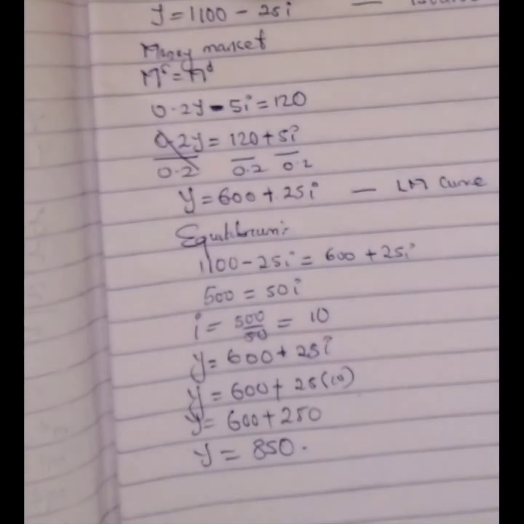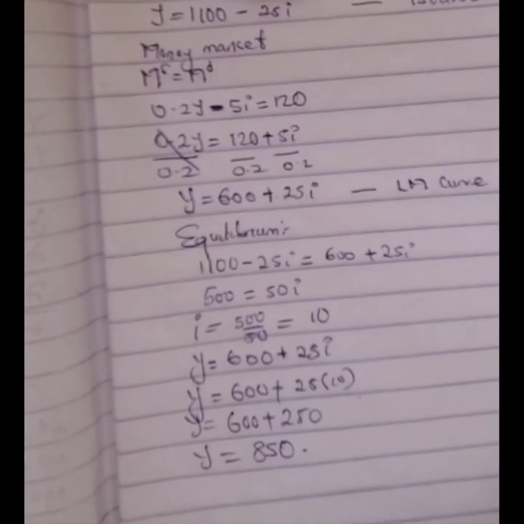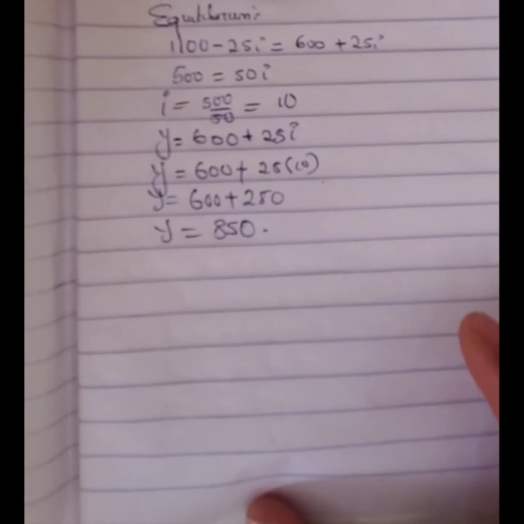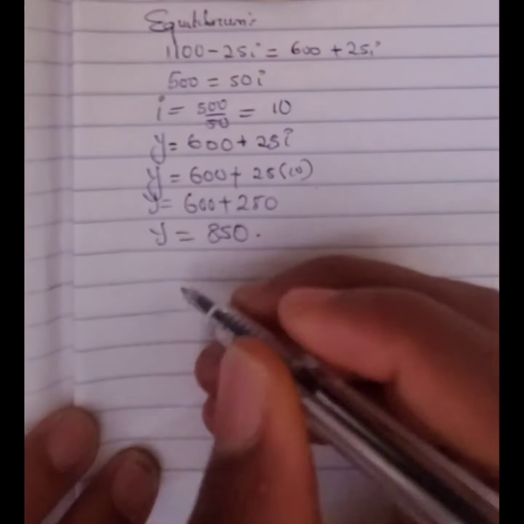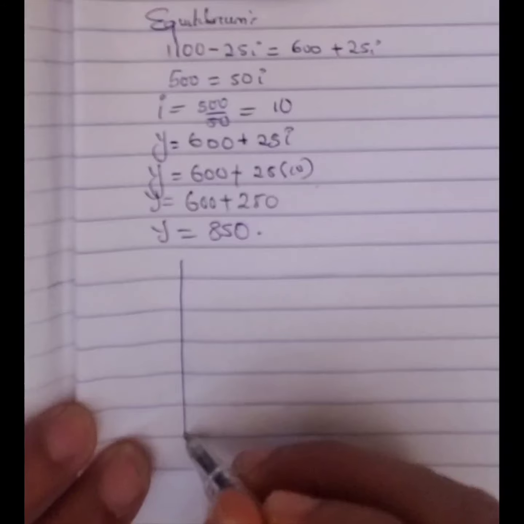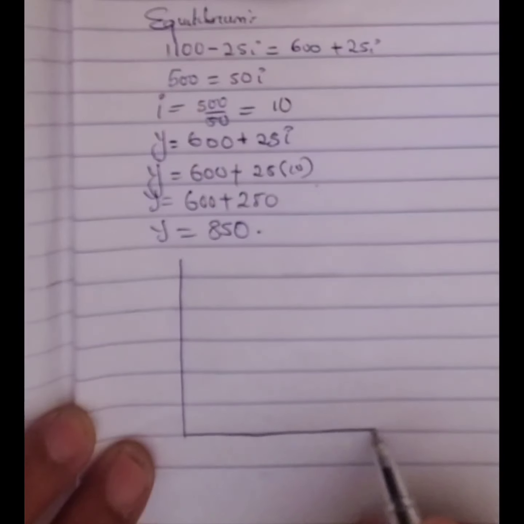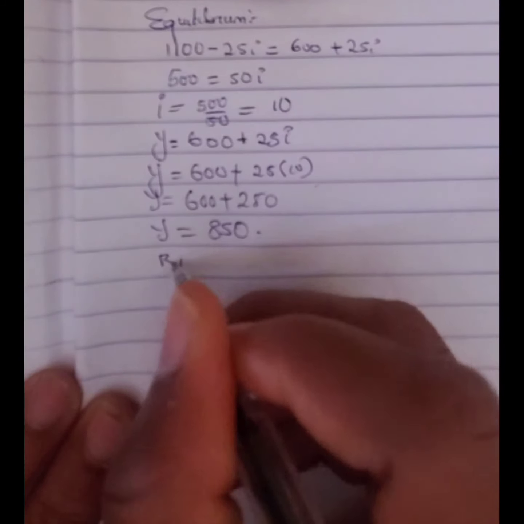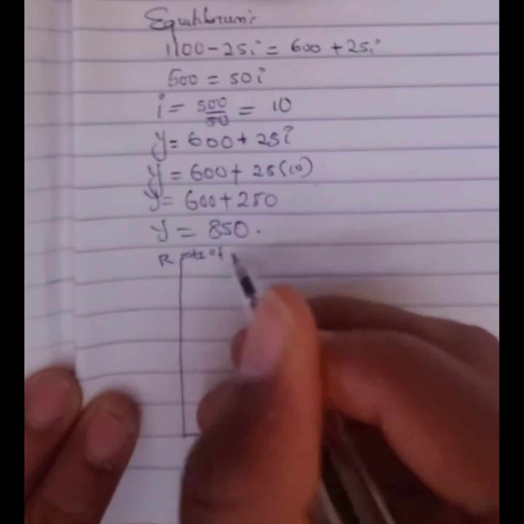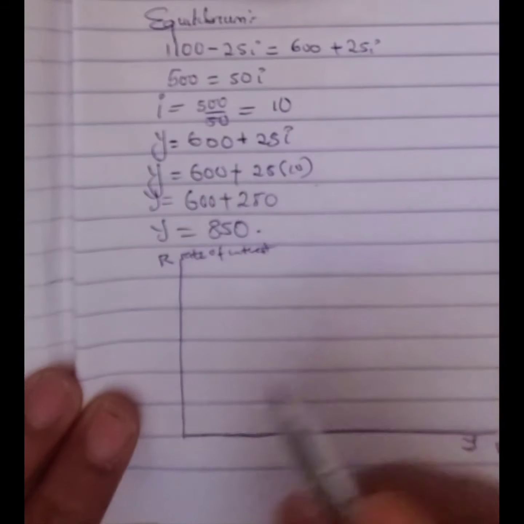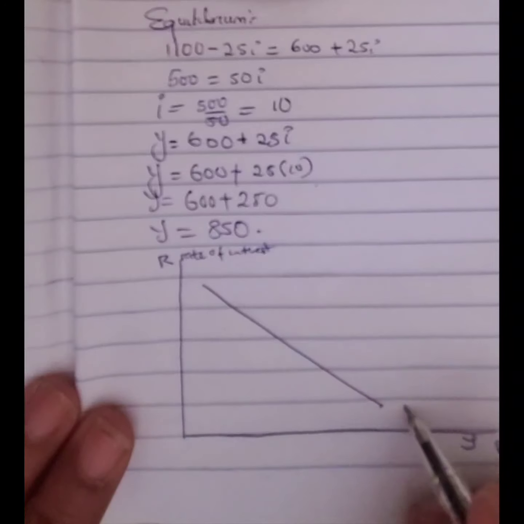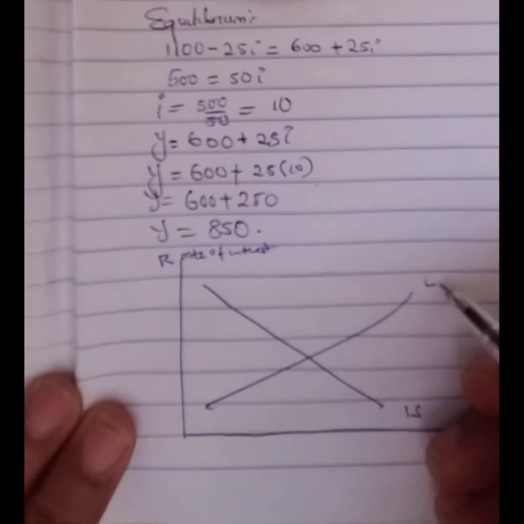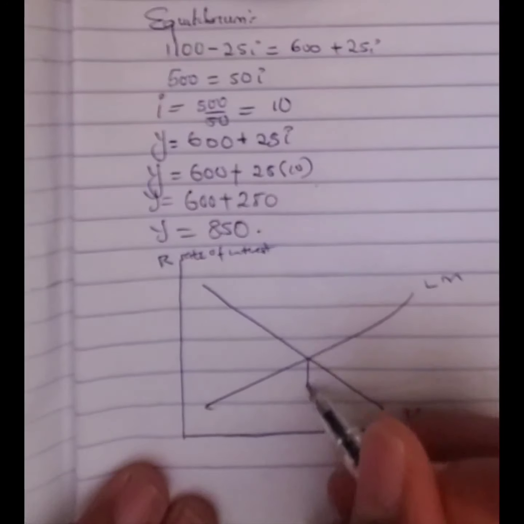Now for our money market, we have the equilibrium as Ms is equal to Md, right? And our Md has been given as 0.2y minus 5i is equal to 120. So making y the subject of the formula, we have 120 plus 5i divided by 0.2.